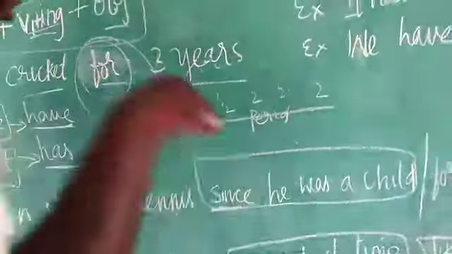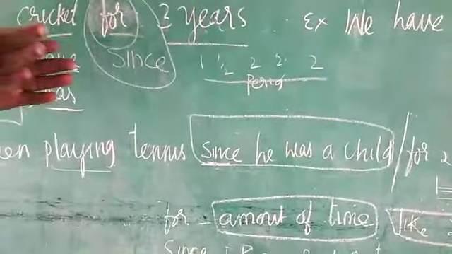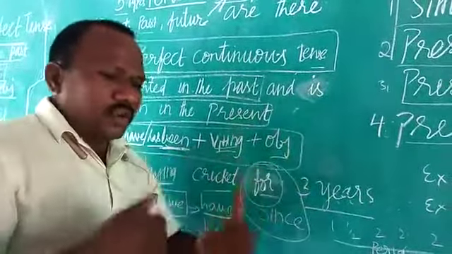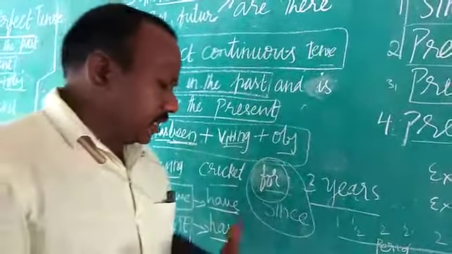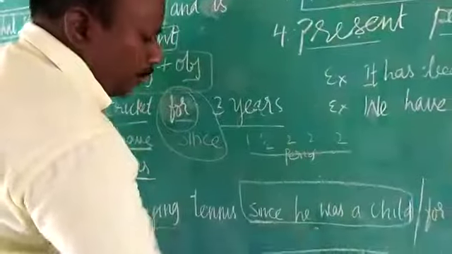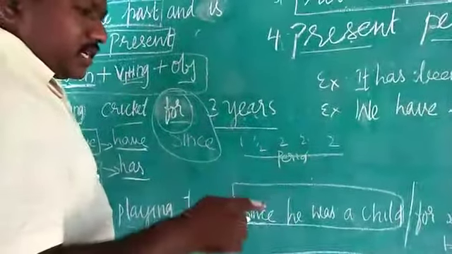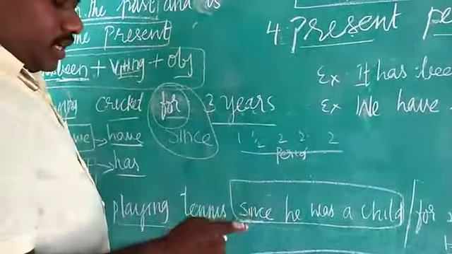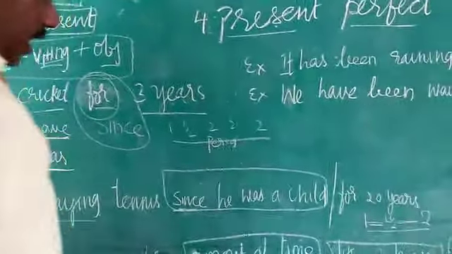Now, child is called a point of time here, children. It is one of the stages of our lifespan, so that's why we have pointed to it. When you point to a certain date, time, month or week, then you have to take since.